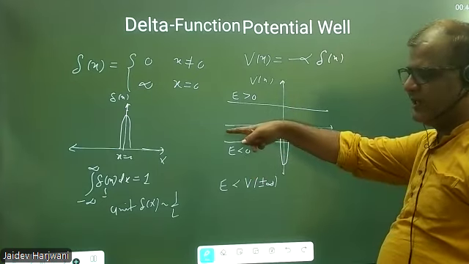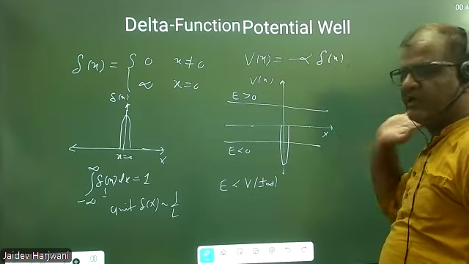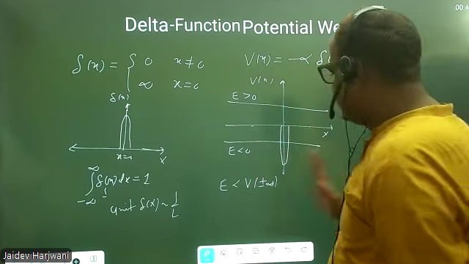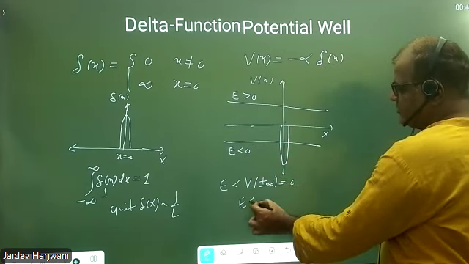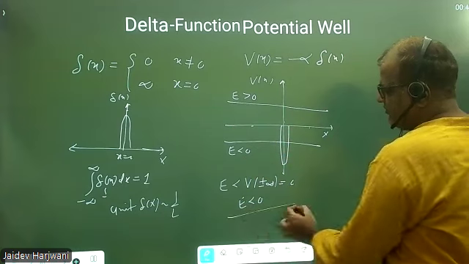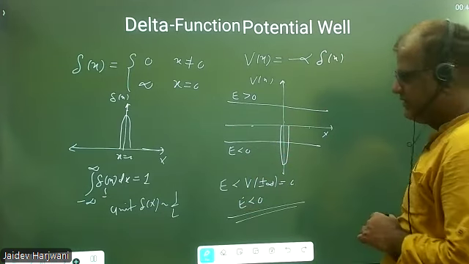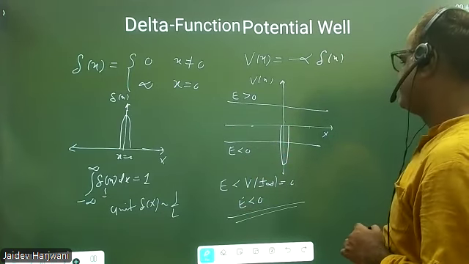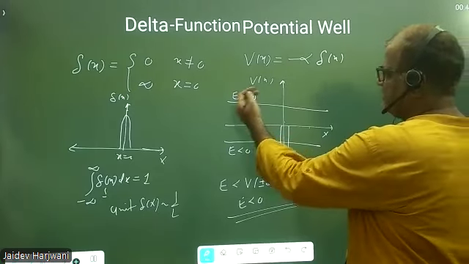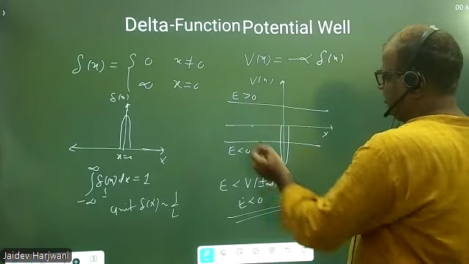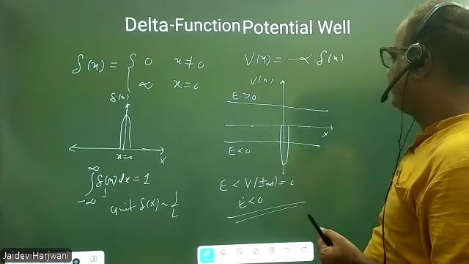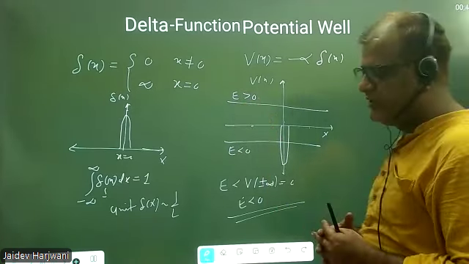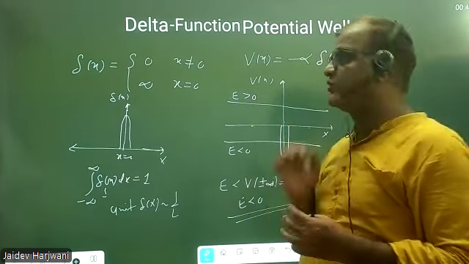When x tends to minus infinity, potential is 0. Potential has the value only at x equal to 0. So that means E is less than 0 will give you the bound state solution. And if E is greater than 0, which is greater than both plus minus infinity, this will give you the scattering state solutions.